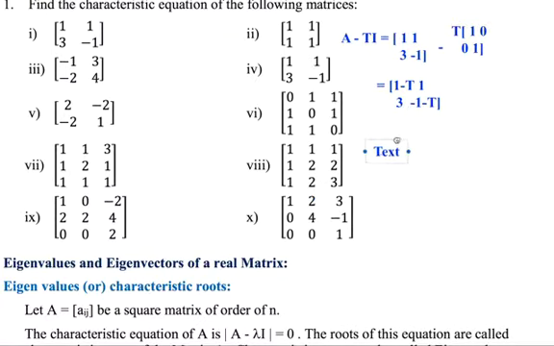Now we need to find the determinant of it, that is determinant of A minus lambda I: (1 minus lambda) square minus 3. Not 3 lambda, 3 only.